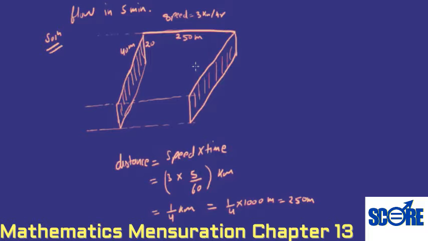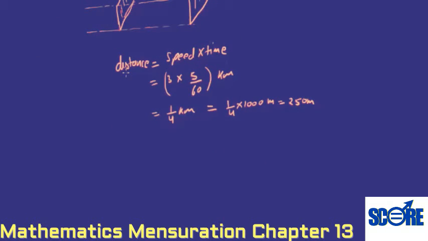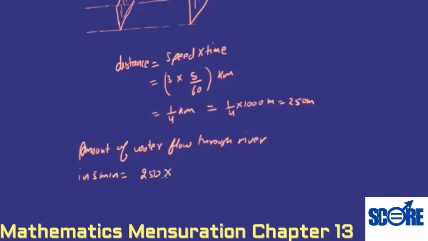So this much water flowed during the 5 minutes through the river. This is again a cuboid having length 250, breadth 40 and height 20. So the amount of water flow through the river in 5 minutes equals 250 into 40 into 20.